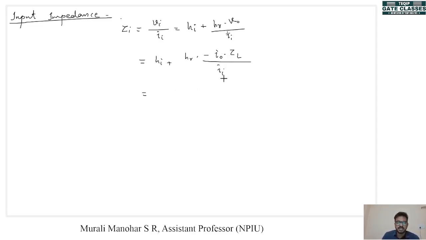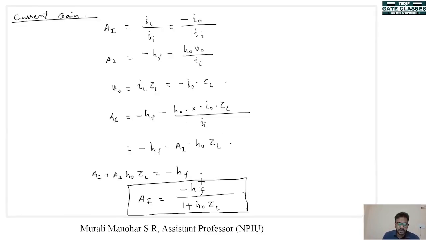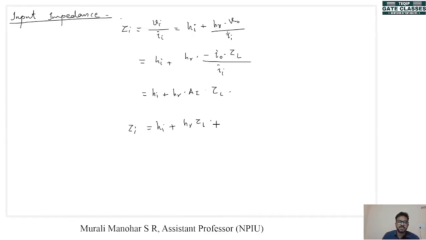And we know what minus IO by II is, that is AI. So this is HI plus HR into AI into ZL. Now we can substitute the value of AI here. So ZI will be equal to HI plus HR ZL into minus HF divided by 1 plus HO ZL.